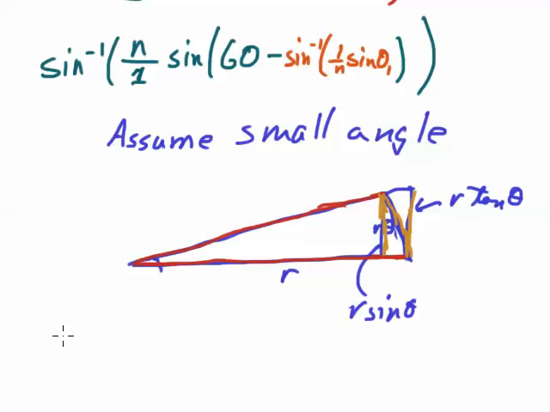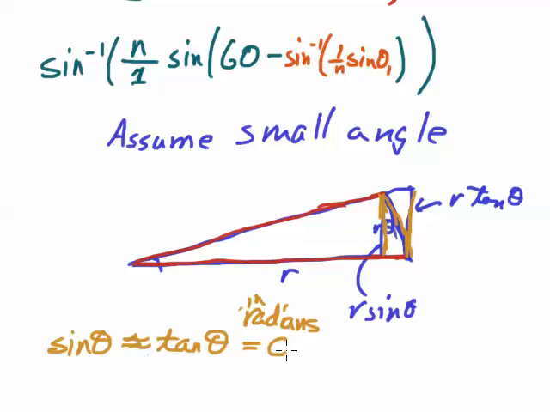So we can always claim that with a small angle, sine theta is approximately equal to tangent theta. But if you also put your units in radians, you can also claim that that is approximately equal to theta, which is that arc length there.